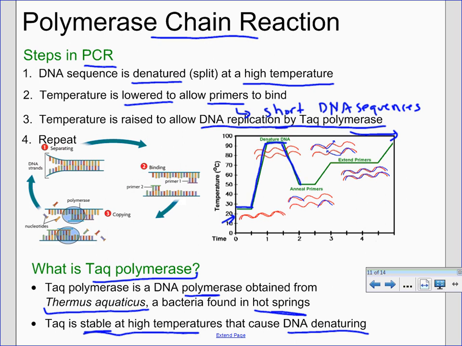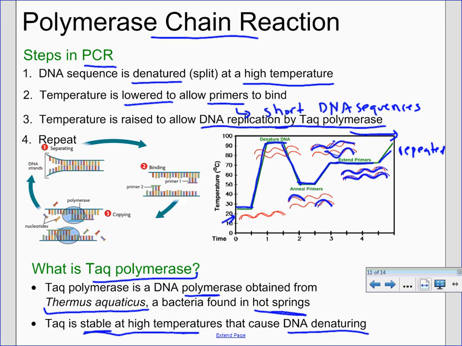The temperature is then lowered to allow the primers to bind to the regions of interest, and then the temperature gets raised to allow Taq polymerase to create that new sequence of DNA. And then when that new sequence of DNA is created, the process is repeated.